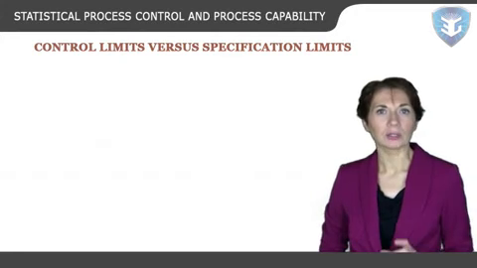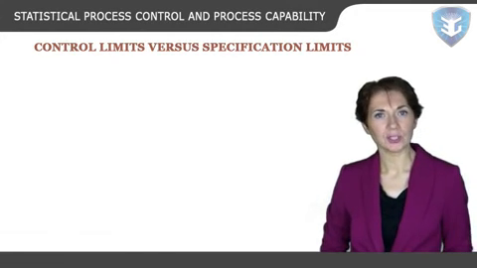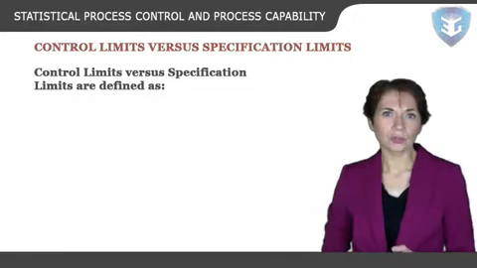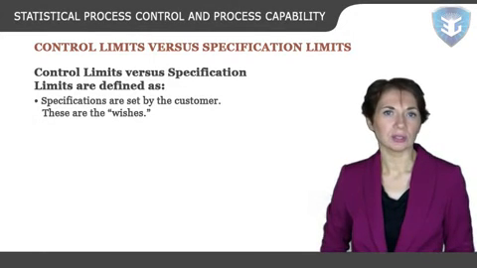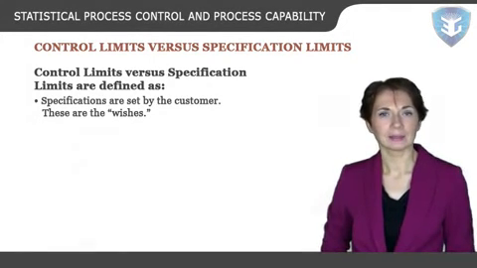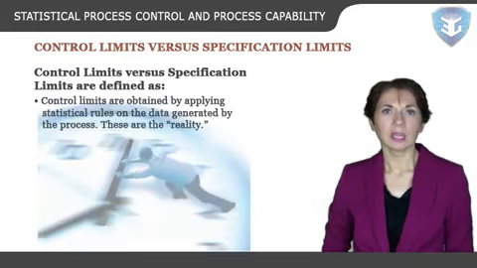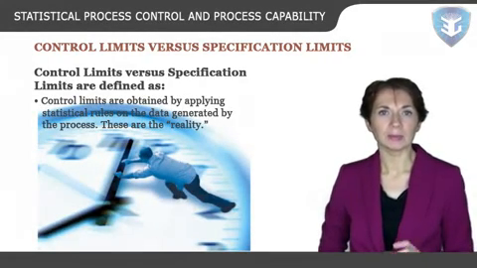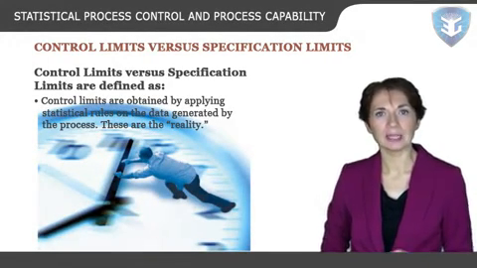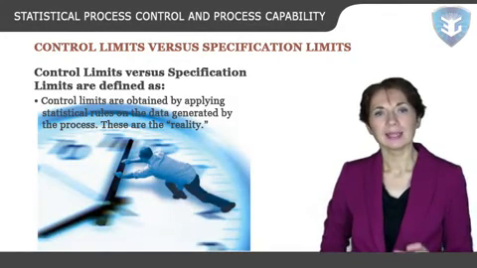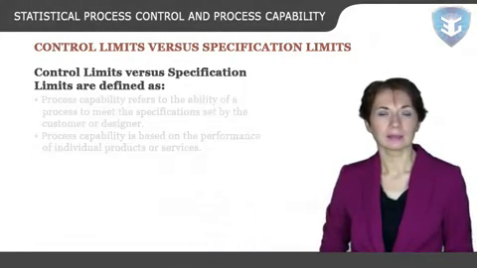Now let's talk about control versus specification limits. Control limits versus specification limits are defined as: specifications are set up by the customer. These are the wishes. Control limits are obtained by applying statistical rules on the data generated by the process. These are the reality.